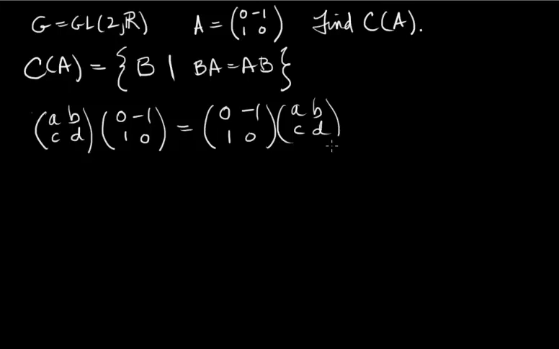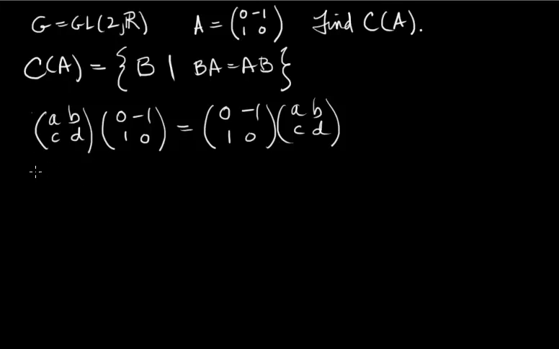And I want to find out what kind of restrictions would be on A, B, C, and D. To live in our group, the general linear group, all we know is that AD minus BC, the determinant, is not 0. But there will be far fewer that commute with this particular matrix A.